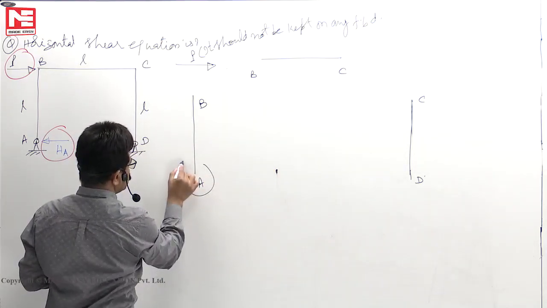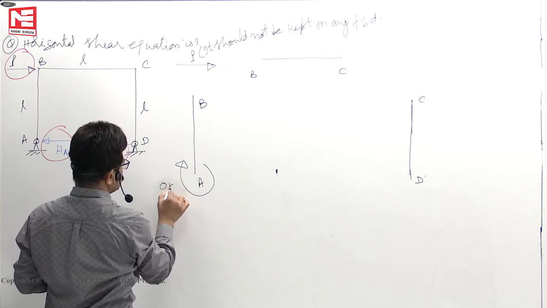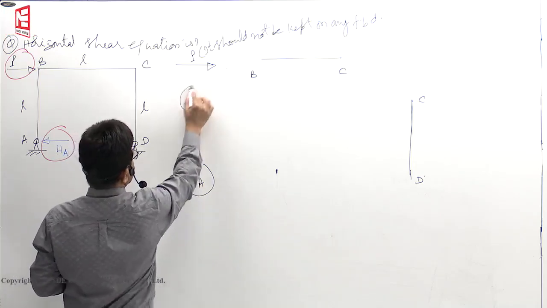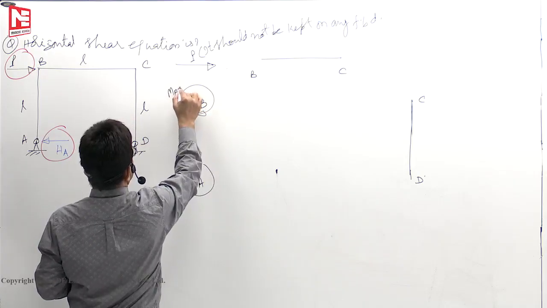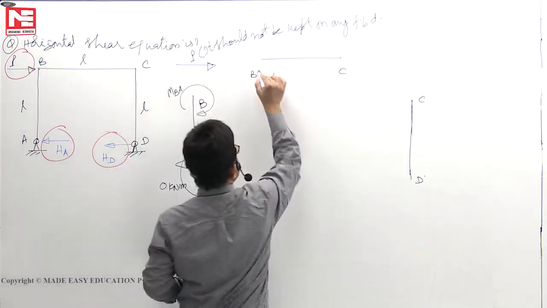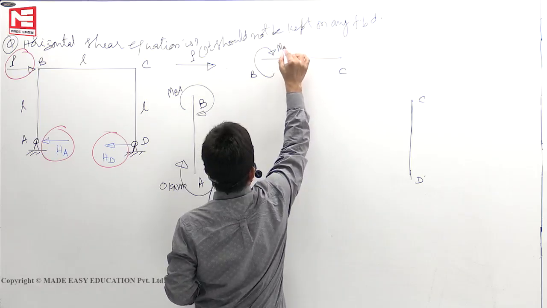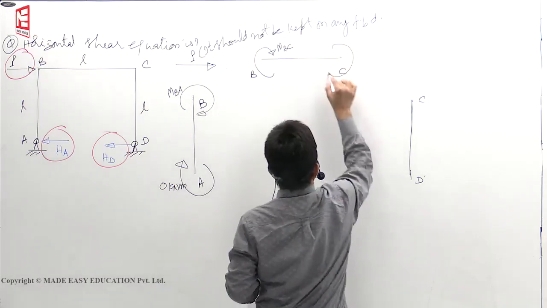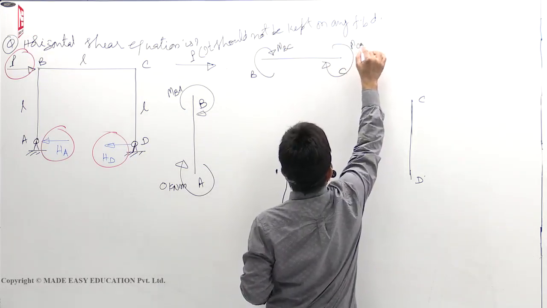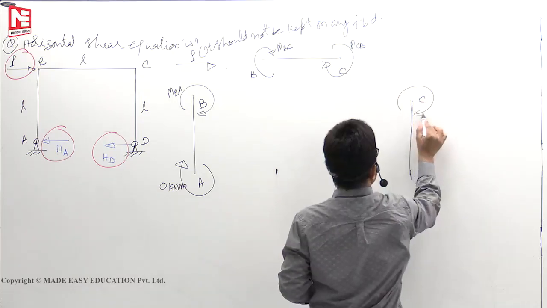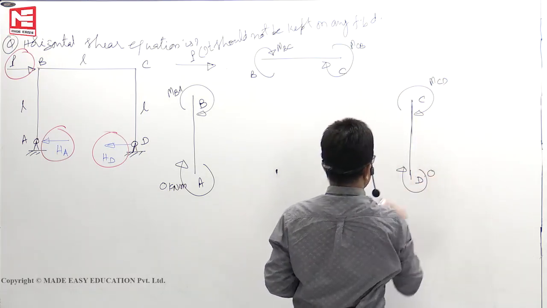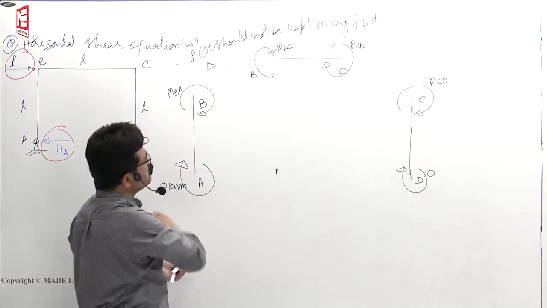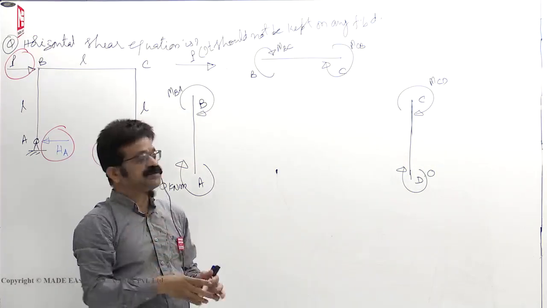Here it is 0 because hinge support, 0 kilonewton meters. This is MBA clockwise, MBC also clockwise, MCB also clockwise, MCD clockwise, and this is 0.